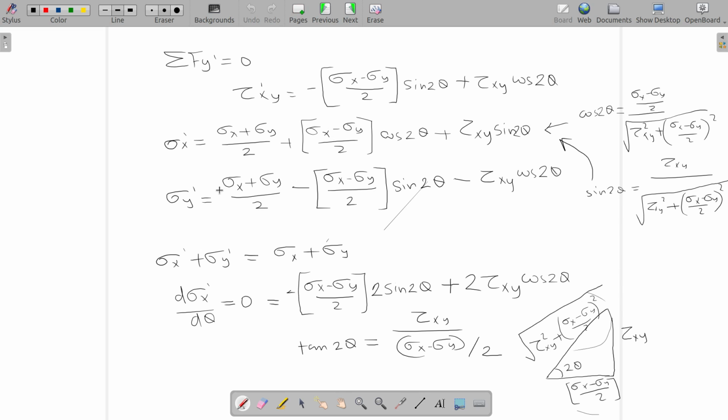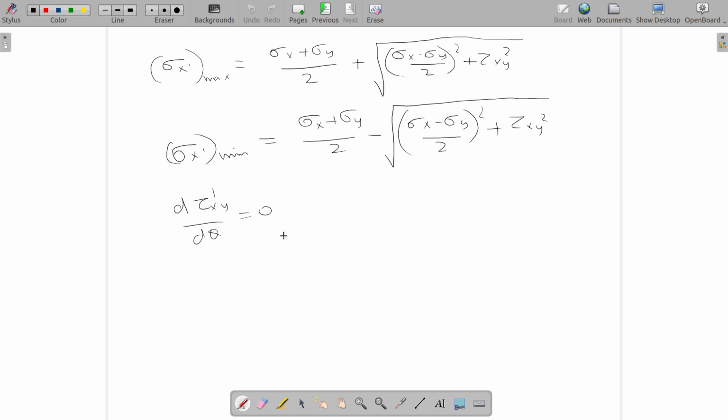I have written down the equation, tau xy dash. So find the derivative and equate it to 0. This is quite straightforward, and you will easily get the tan 2 theta value for the maximum value of shear stress using this equation here.